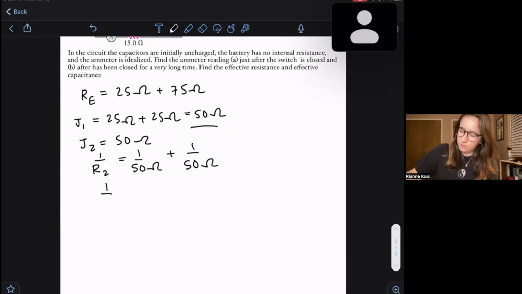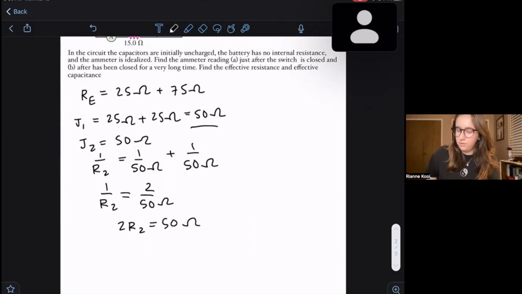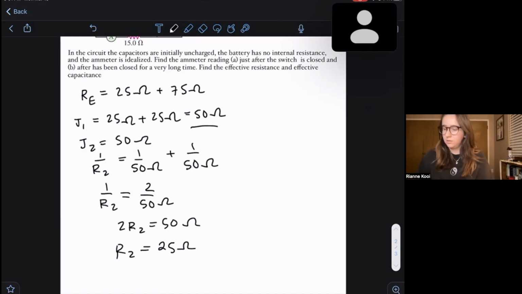So 1 over R2 equals 2 over 50 ohms. Now we want to solve for R2. 2 R2 equals 50 ohms. I just did some cross multiplication right there. So R2 equals 25 ohms, and that's the effective resistance of that part.